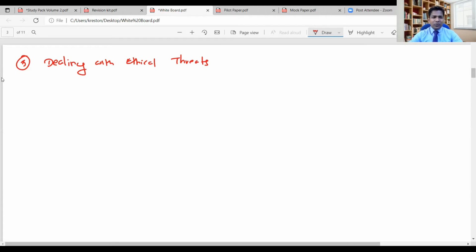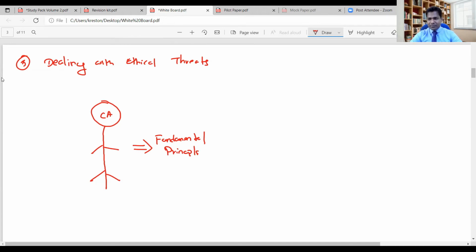Now, as a chartered accountant, as I told you at the beginning, this chartered accountant must maintain the fundamental principles.